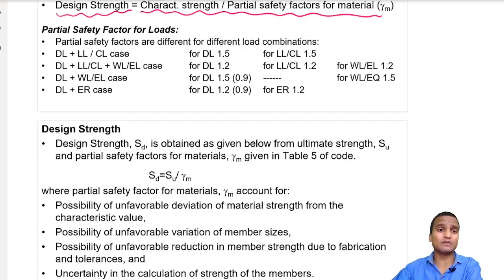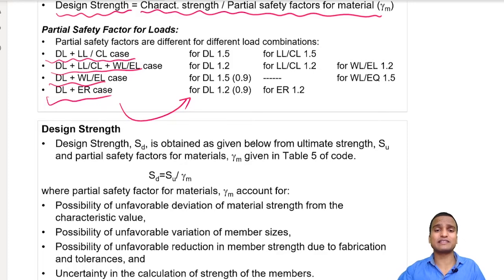All these 4 types of load combinations we showed in that video, and they are multiplied by these partial safety factors in the limit state of strength and limit state of serviceability. This table I have already explained there.